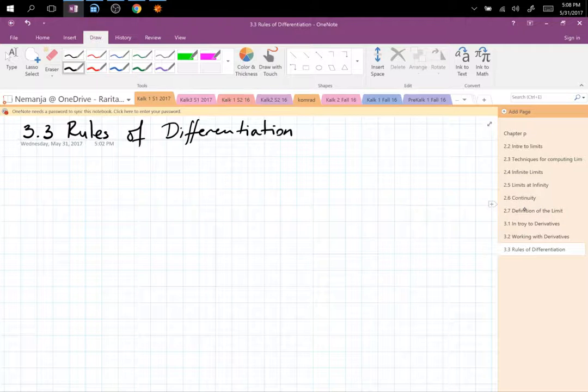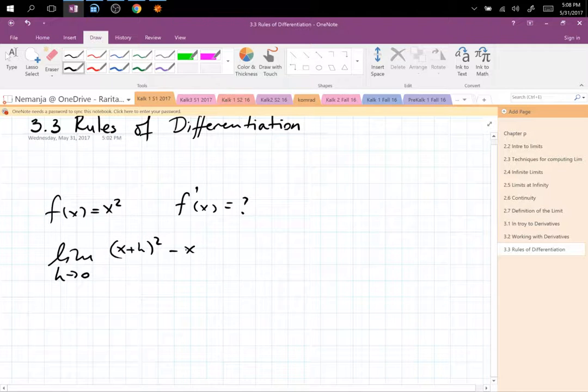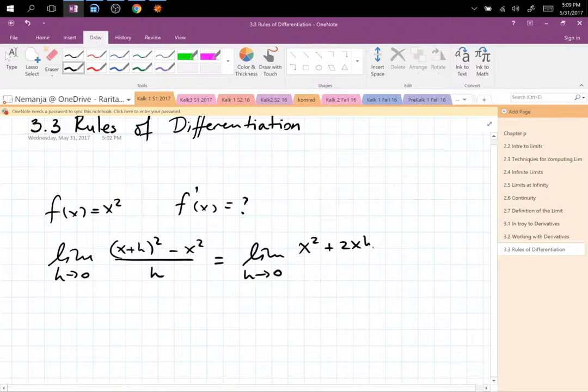So if you have f of x equals x squared, and you are wondering what the derivative is, you will find the limit as h goes to 0 of (x plus h) squared minus x squared over h, which would be eventually 2x. So x squared plus 2xh plus h squared minus x squared over h.